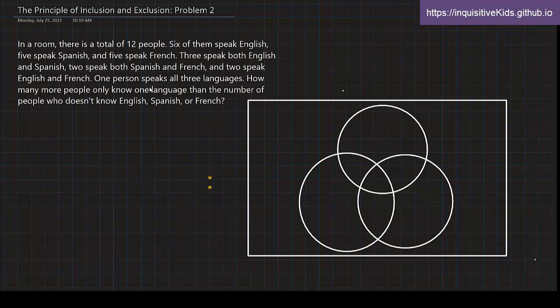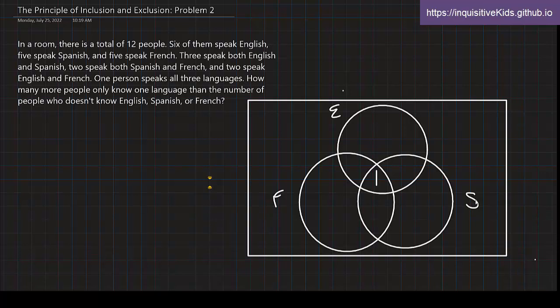So that one person speaks all 3 languages, meaning that there's one right there. Now we can move out and talk about the overlapping parts, which are these 3 regions. Oh, and also we have to mark these languages. This is English, this is French, this is Spanish.